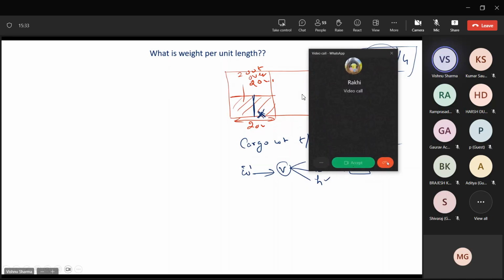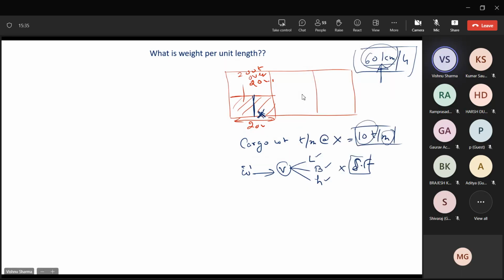So when we say that the weight of the cargo per unit length will depend upon these things, what does it actually mean? It depends on the length of the cargo, the breadth of the cargo, the height of the cargo, and the stowage factor.